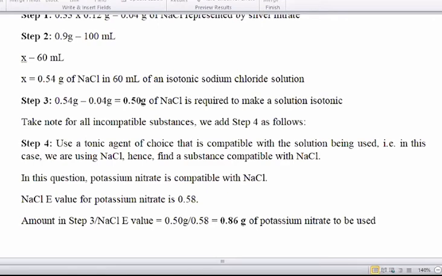So I have a question. Yes. So you said the manufacturers use these incompatible elements to form the solution. So when they use it, is it going to give them an isotonic solution? No, I didn't say they use these substances which are incompatible.